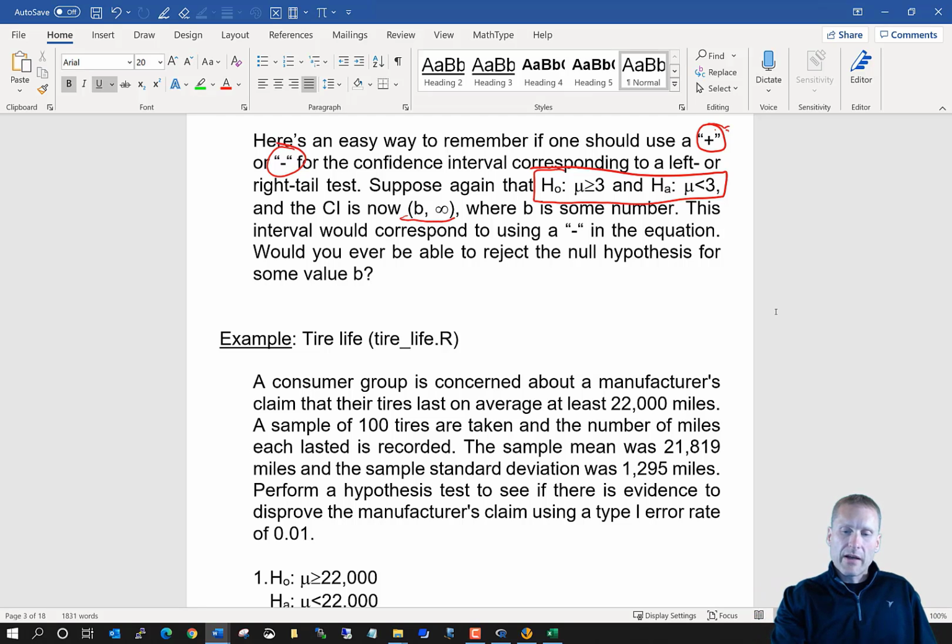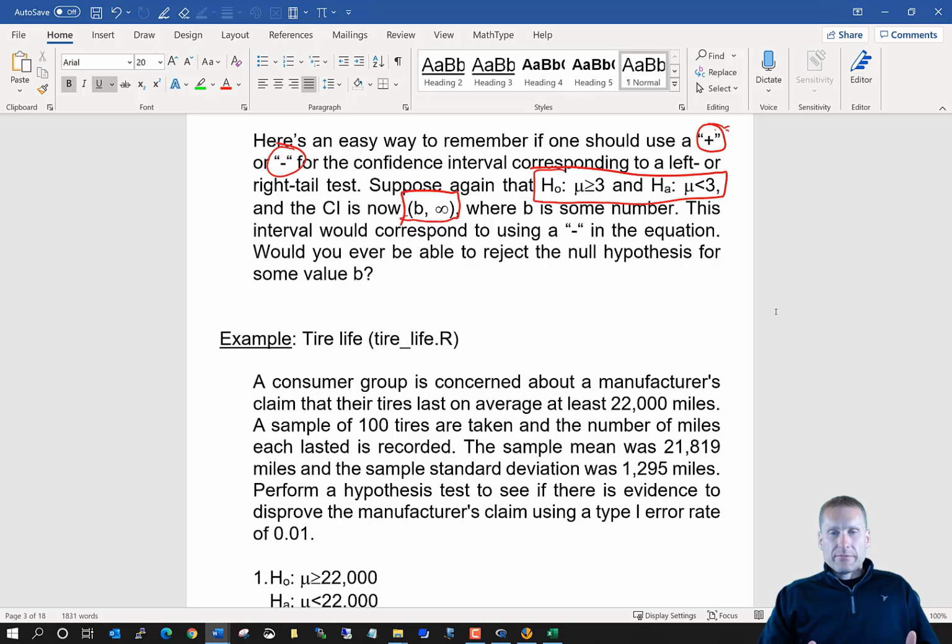Suppose instead we would calculate an interval that looks like this. A numerical value for the lower bound and positive infinity for the upper bound. We emphasize this is the wrong interval to use here, but let's say that this was the interval that we use. So in other words, we use the minus version of that one-sided interval. B is some number.